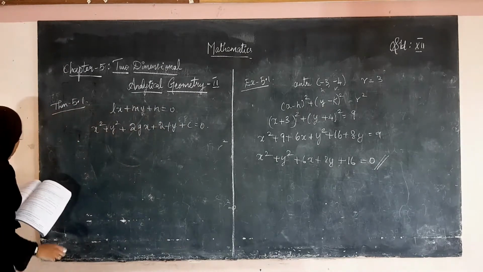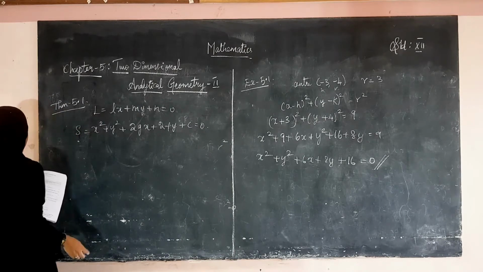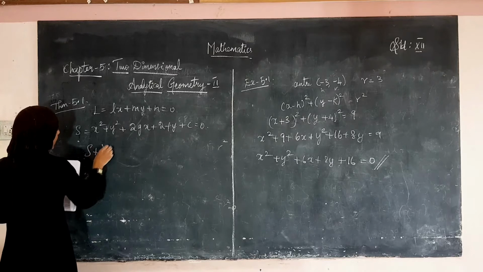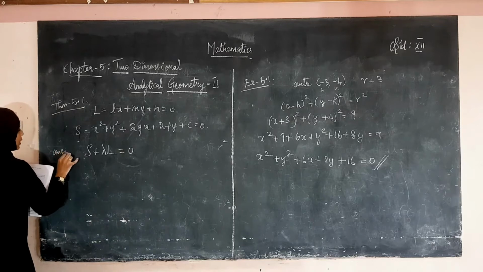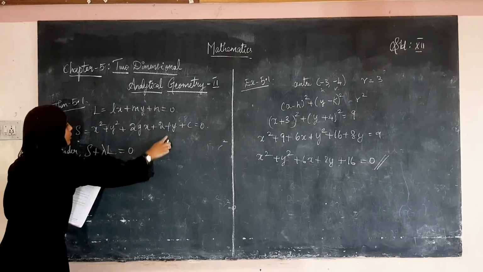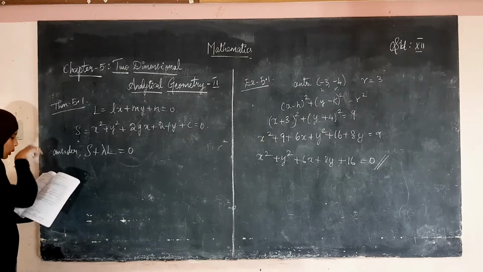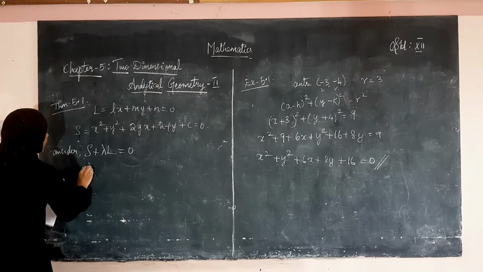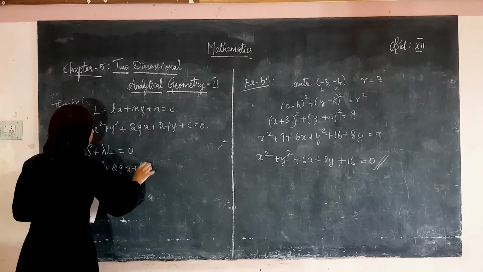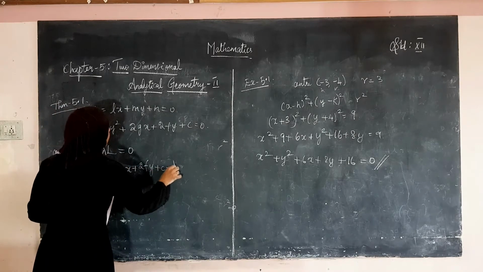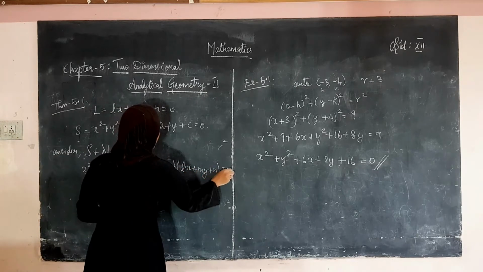Okay, how can we do that? See here. Now let us take this as S and this as L. Okay, then what happens? S plus lambda L will be equal to, consider this term. We are taking this equation of circle as S and the equation of line as L, and let us consider S plus lambda L is equal to 0. So what happens? x square plus y square plus 2gx plus 2fy plus c plus lambda into lx plus my plus n equal to 0.